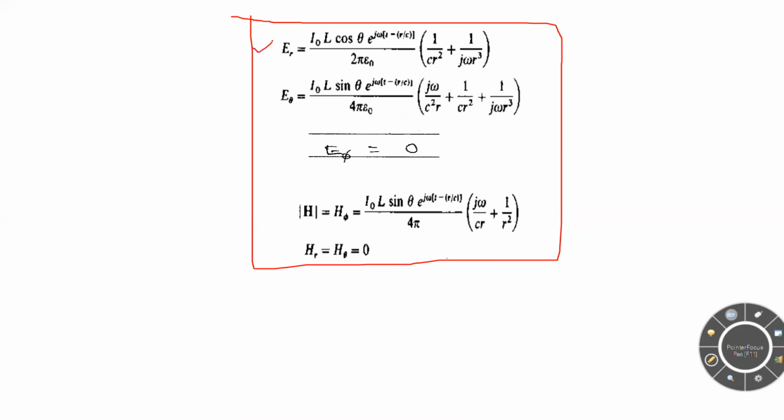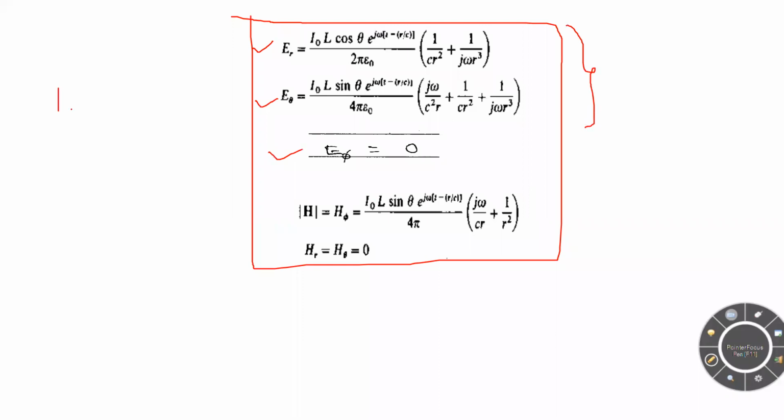So we have a radial component for the electric field for the orientation we have considered. We have E theta, and E phi is 0. These are all obtained after simplifying those equations.